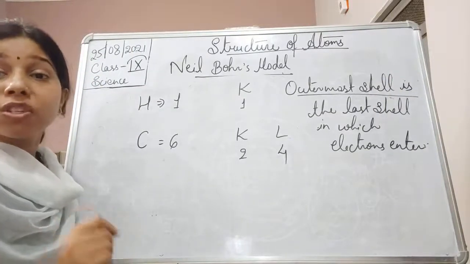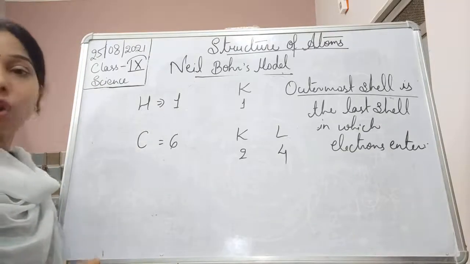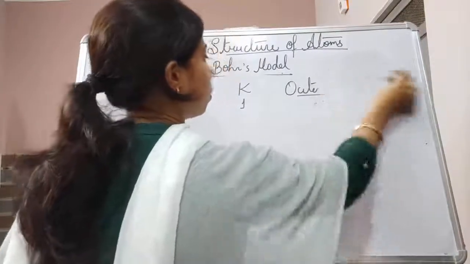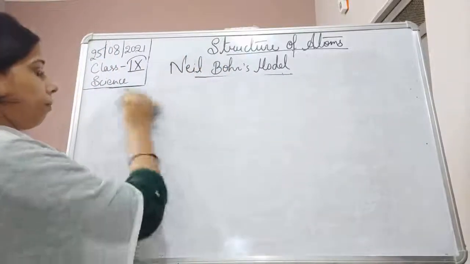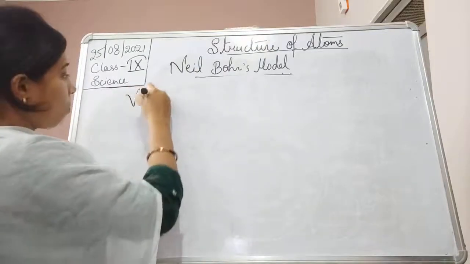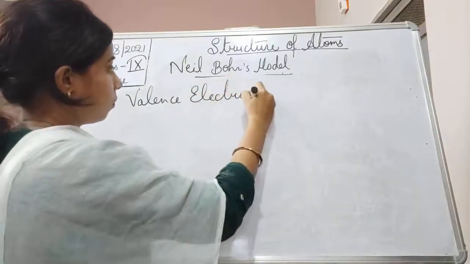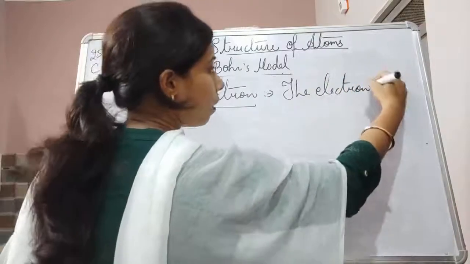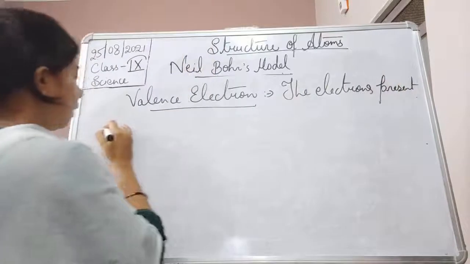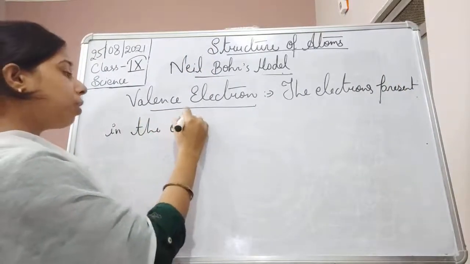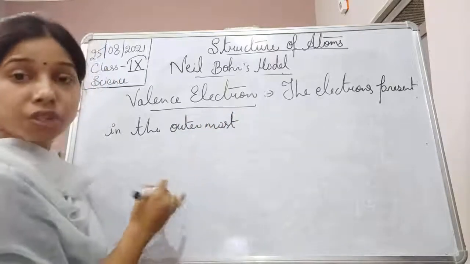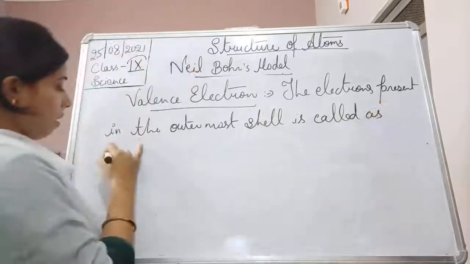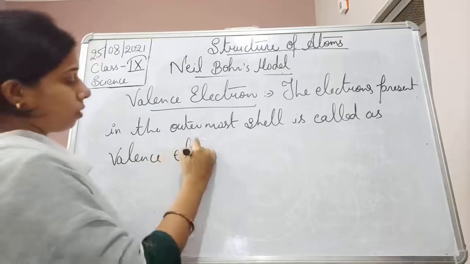The electrons present in the outermost shell are called valence electrons.